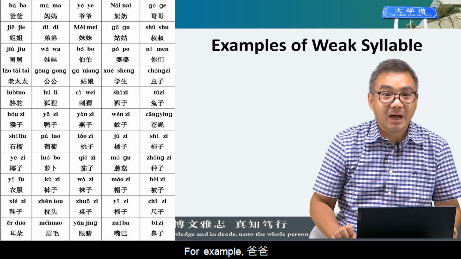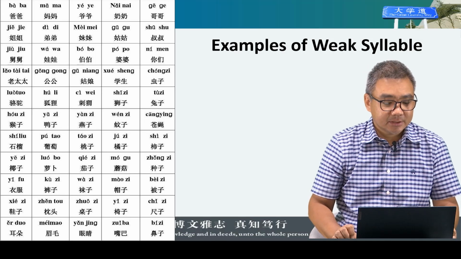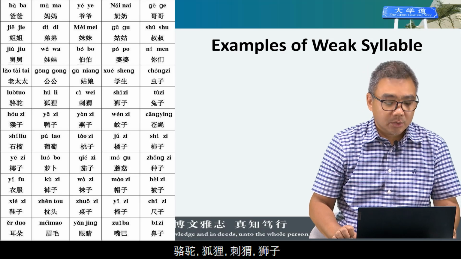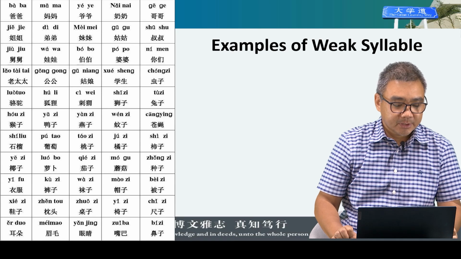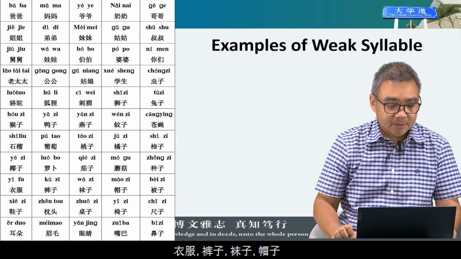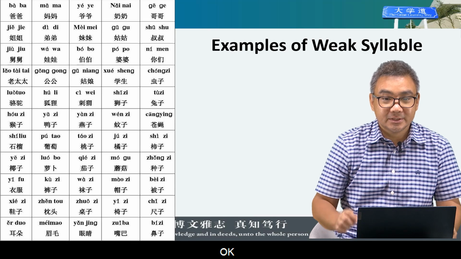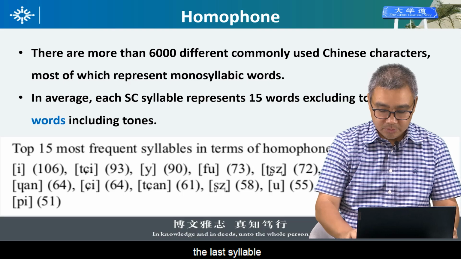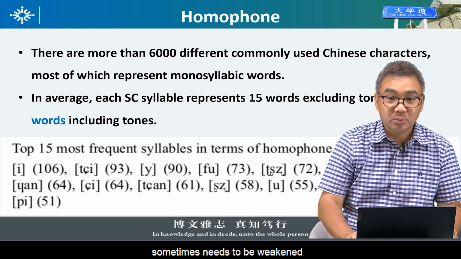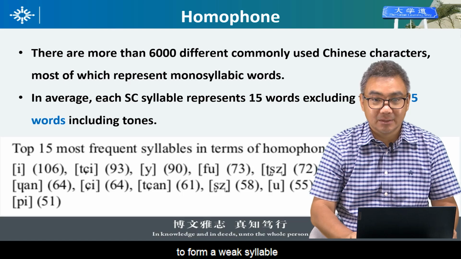For example, 爸爸、妈妈、爷爷、奶奶、骆驼、狐狸、刺猬、狮子、衣服、裤子、袜子、帽子。Okay, in dissyllable words, the last syllable sometimes needs to be weakened to form a weak syllable.